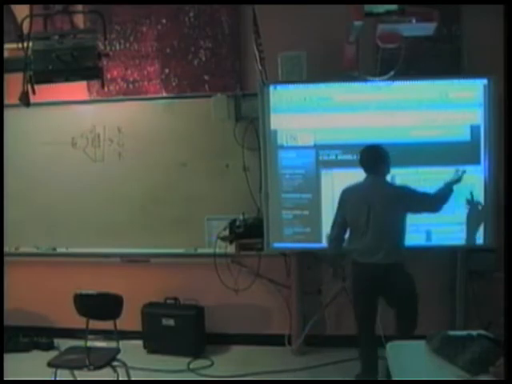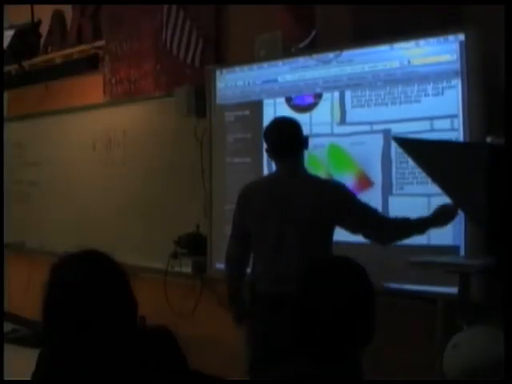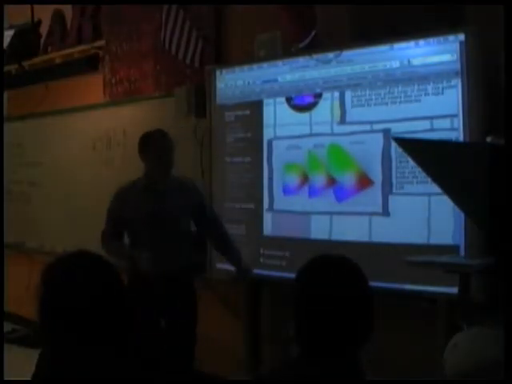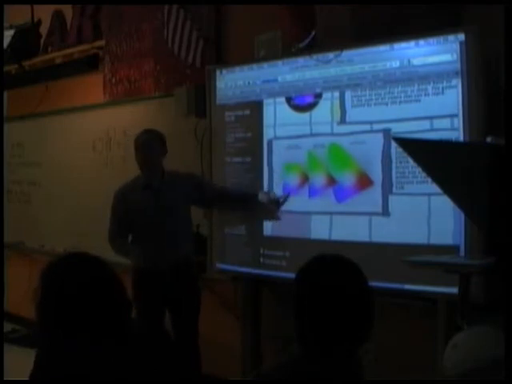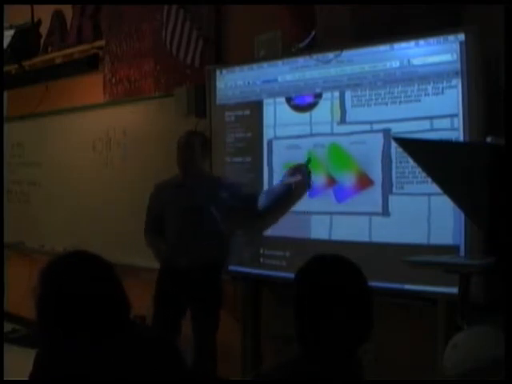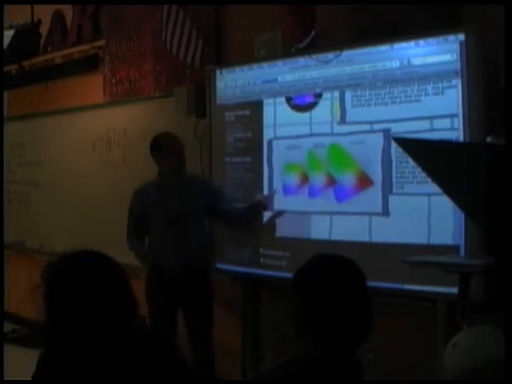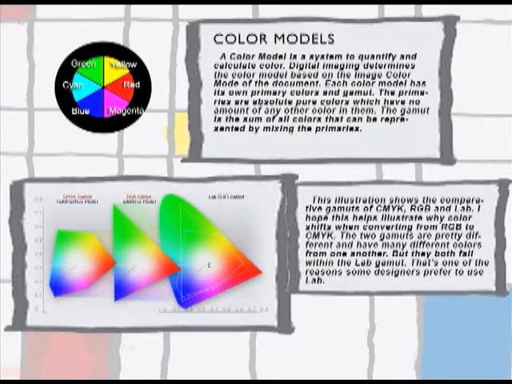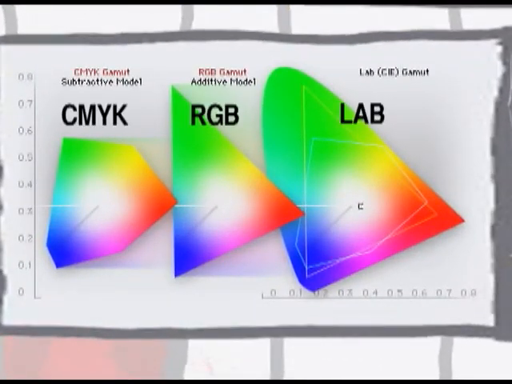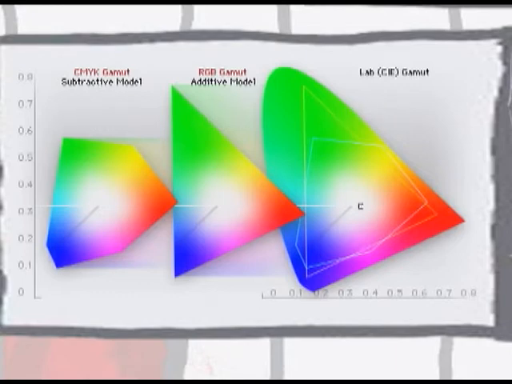We were talking about gamut. This is CMYK gamut, and that means how much color is in each color model. CMYK has the smallest amount of color of the three main color models we'll be working with. We're going to be mainly working in RGB.